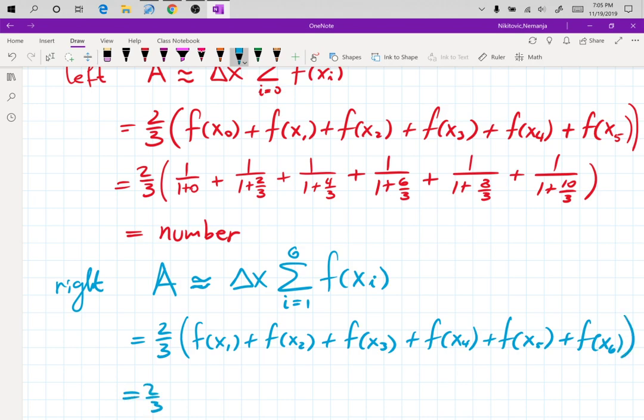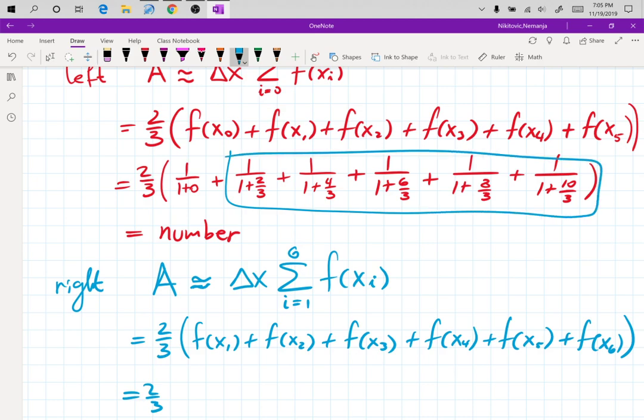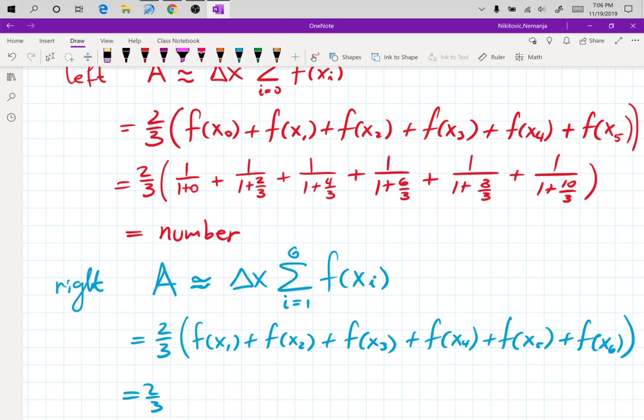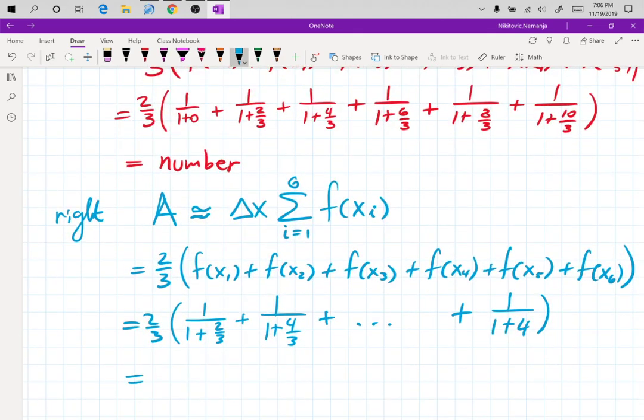I get to recycle all of this and just add the last one in, right? So it's not that big a deal. So it's 1 over 1 plus 2/3 plus 1 over 1 plus 4/3 plus 1 over 1 plus the last number, which is 4, equals a different number.